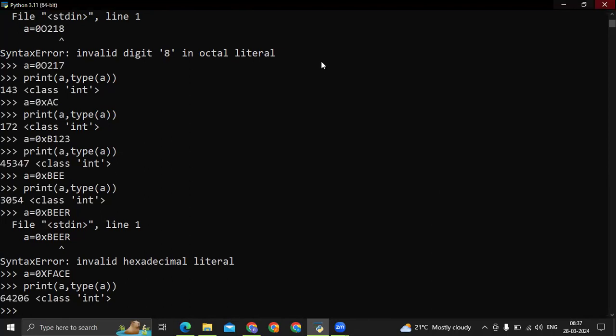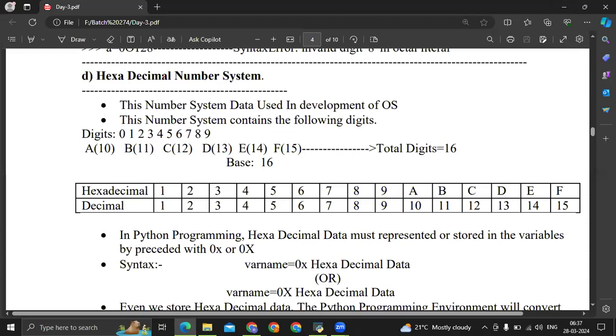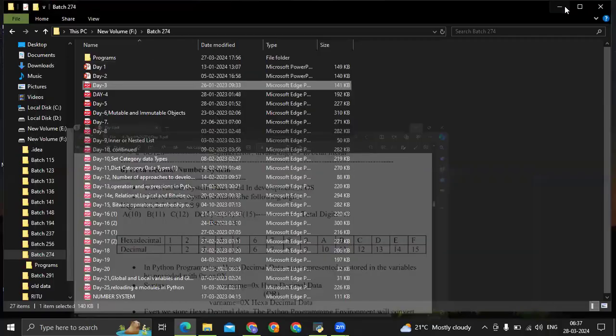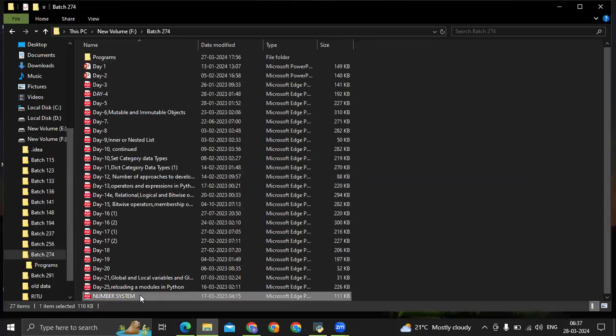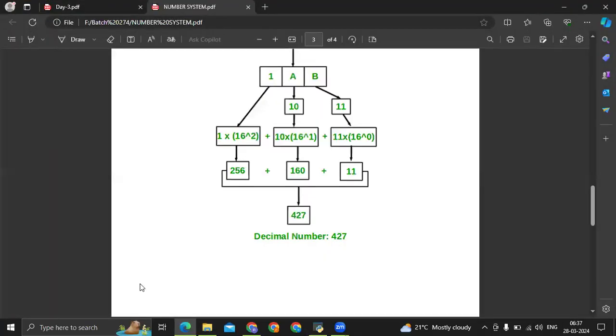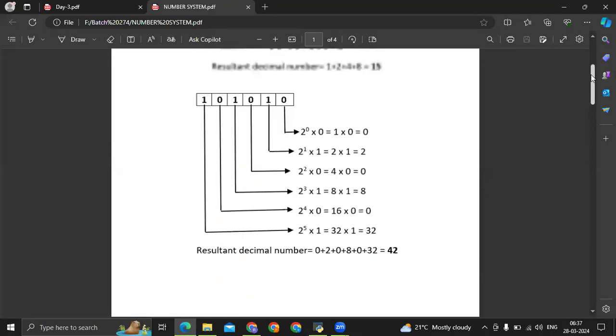Now I wanted to show you something, how this number system conversion actually takes place. In order to make you understand, I'm just showing you so that it will be easier for you to understand how the conversion is taking place.